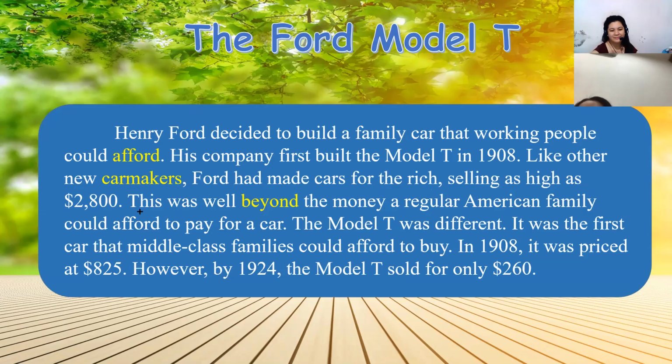This was well beyond the money a regular American family could afford to pay for a car. The Model T was different. It was the first car that middle class families could afford to buy.